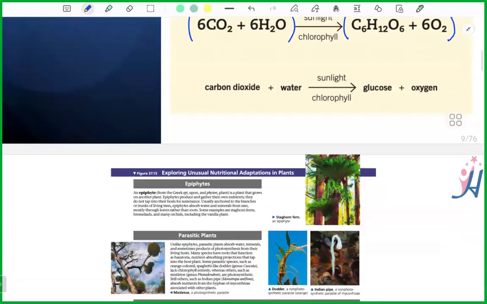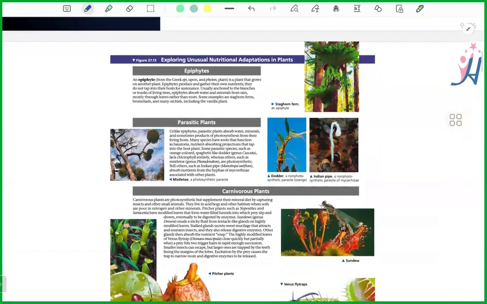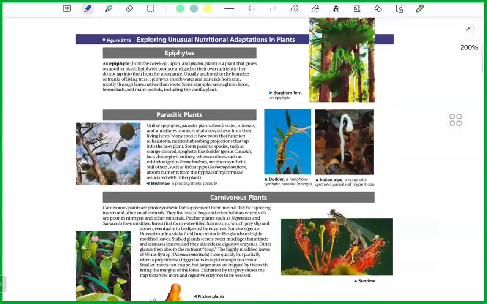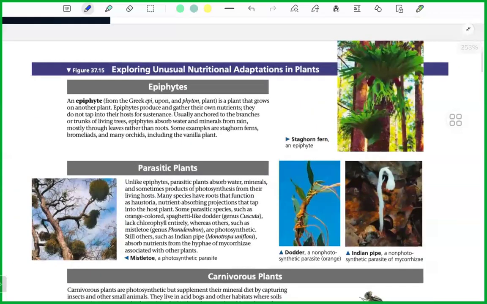Besides photosynthesis, these are just for your knowledge. As the name already suggests, this is about exploring the unusual nutritional adaptations in plants. Besides photosynthesis, there are also several types of plants that obtain food in different forms.